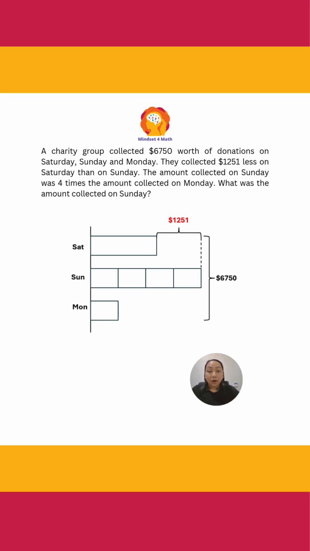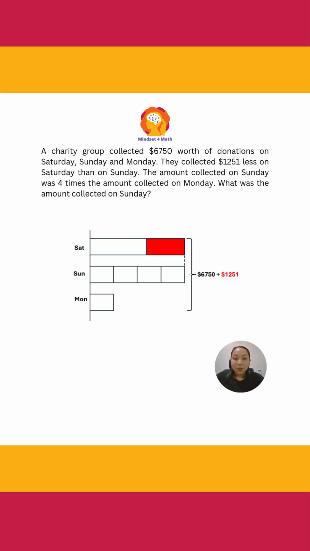Now let's examine what we have here and see if we're ready to compute. Notice that the one marked $1,251 is not equal to 2 units. Therefore, we can't use that to compute. What we can do instead is to fill that gap using this red bar, and that means if we add that, we are actually adding $1,251 in the total.